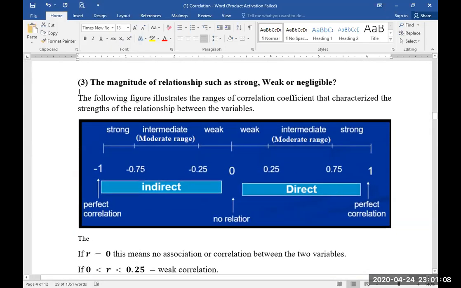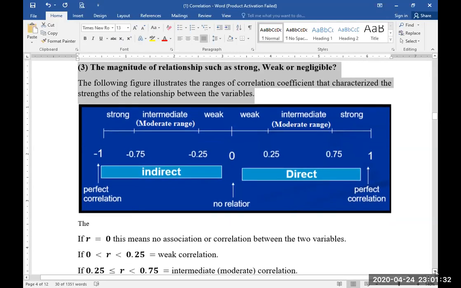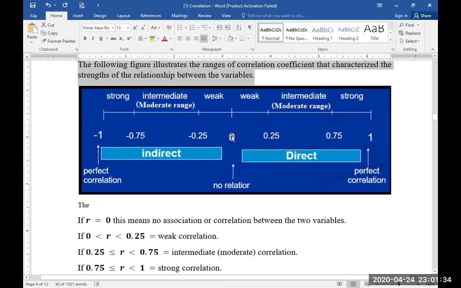Point number three, the magnitude of relationship, such as strong, weak, or negligible. The following figure illustrates the ranges of correlation coefficient that characterize the strength of the relationship between the variables. Students, we can see from this figure that if the correlation coefficient is 0, this means there is no relation.